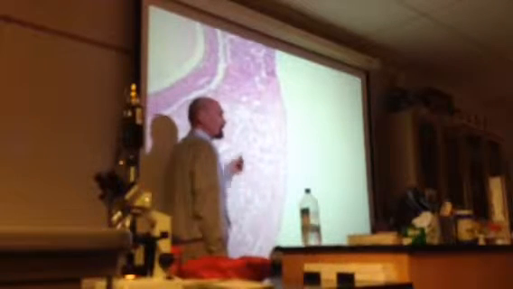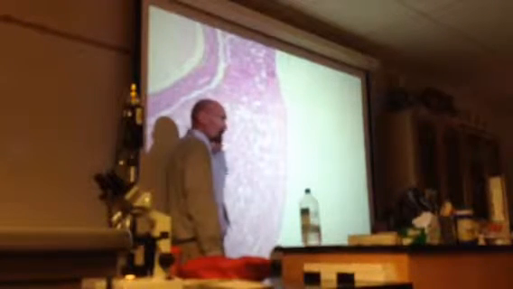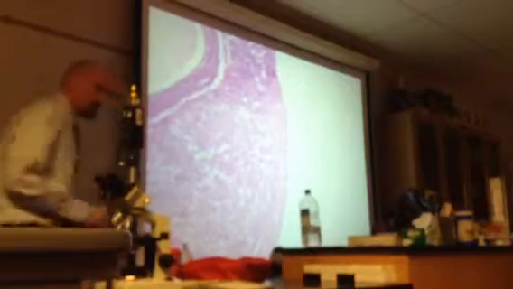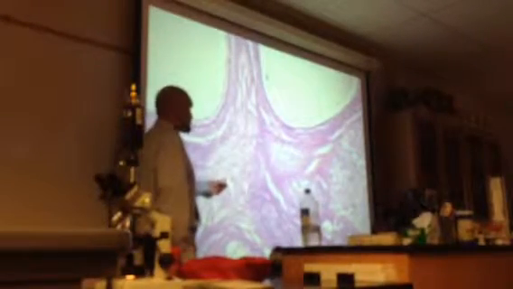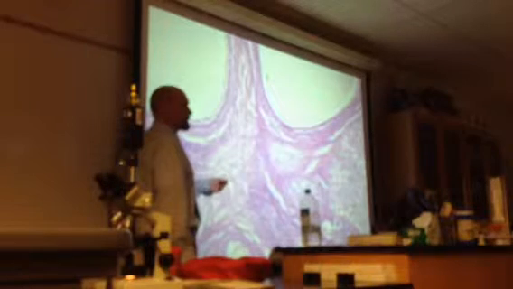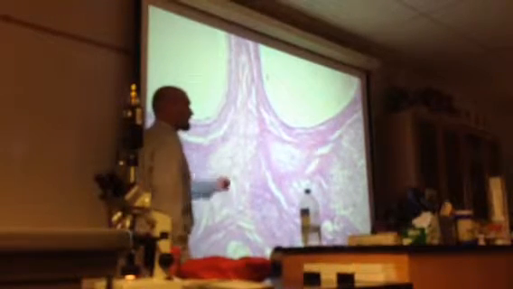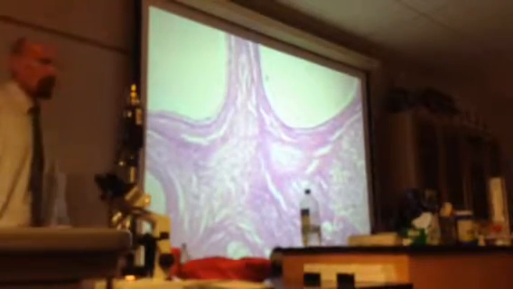Cortex. Cortex is near the periphery. If it said, like right in here, what part of the ovary is that? Medulla. Tends to have a looser type of connective tissue.